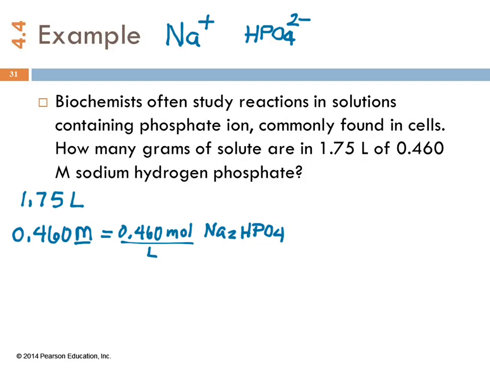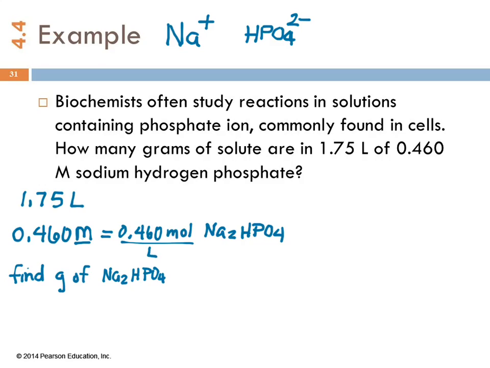So what are they asking us to find? Find grams of solute. And what's the solute? The sodium hydrogen phosphate. What's the solvent?